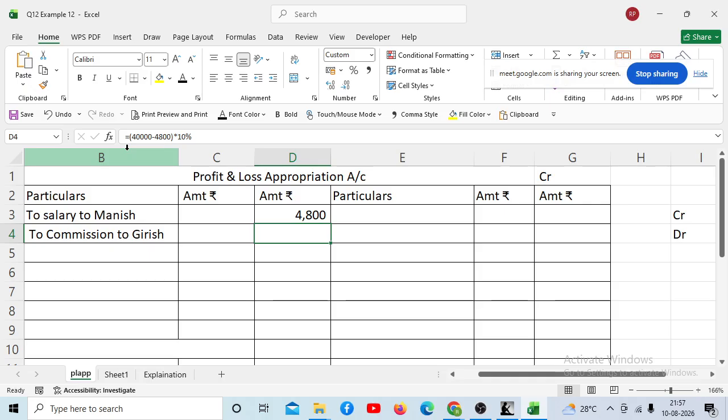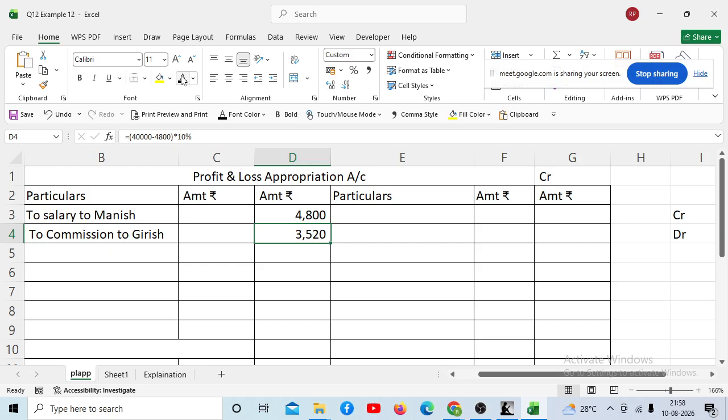What will be the balance? 35,200. Now on that calculate 10%: 3,520. So his commission will be 3,520. Any doubt?